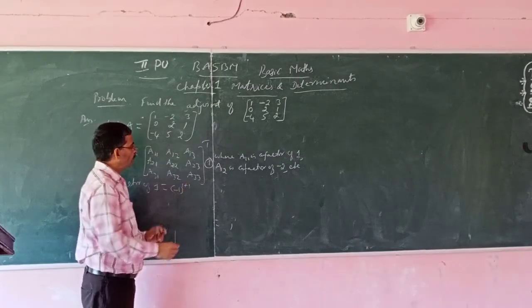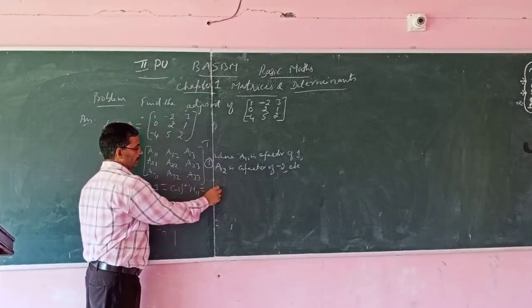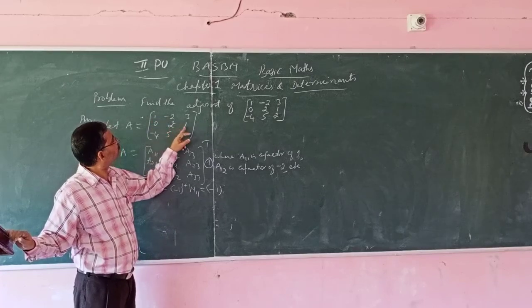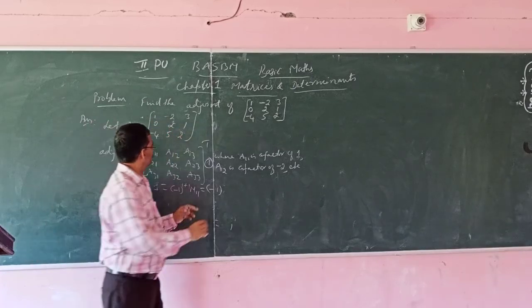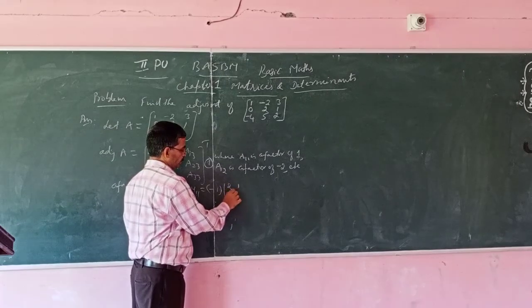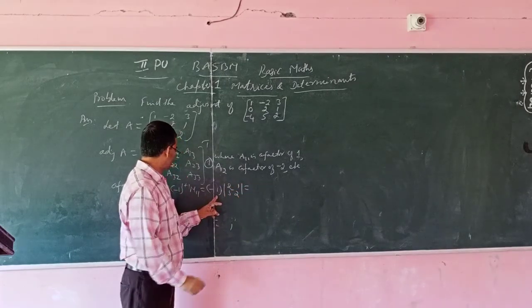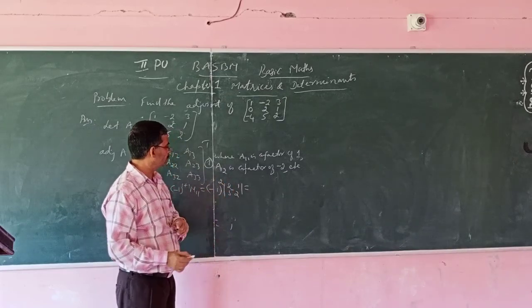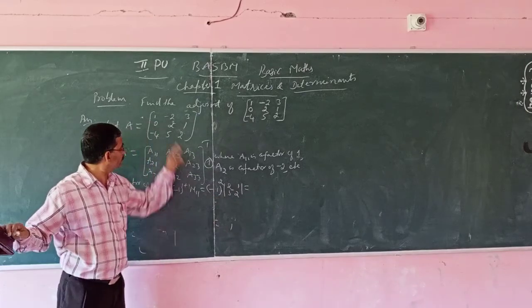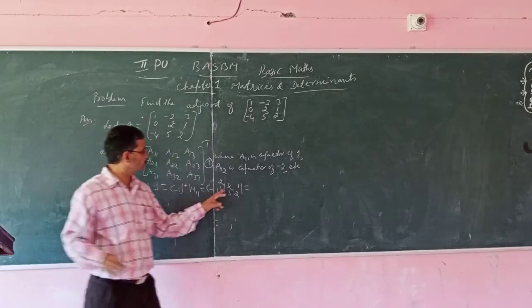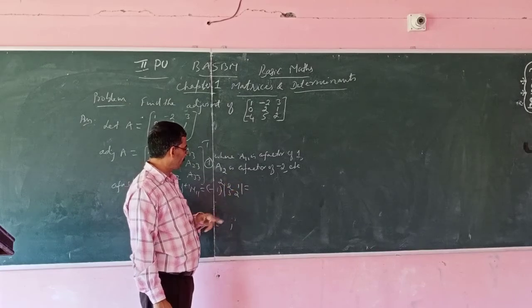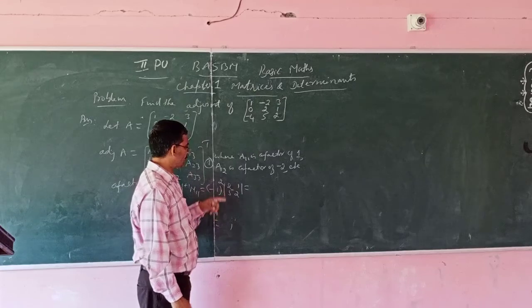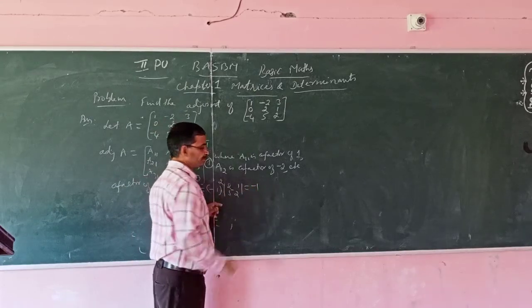The minor for 1 means you take the remaining 2 1 5 2, so minus 1 whole square times the determinant of 2 1 5 2. What is this? 2 into 2 is 4, 4 minus 5 is minus 1. This is plus sign, so the cofactor is minus 1.